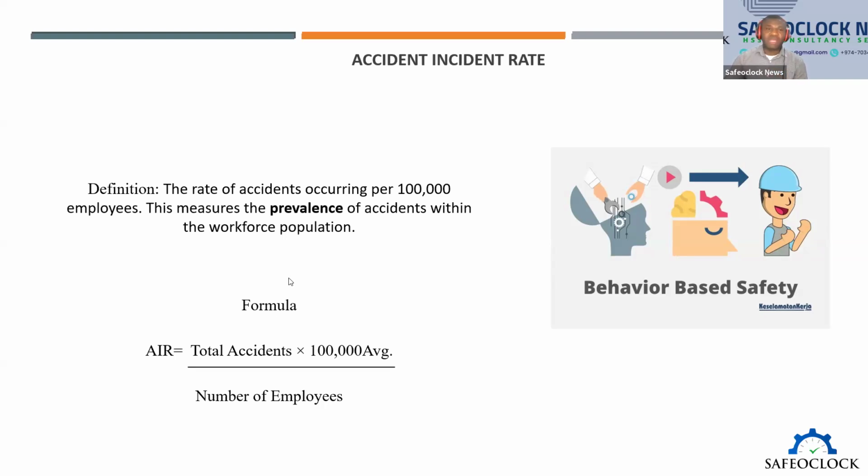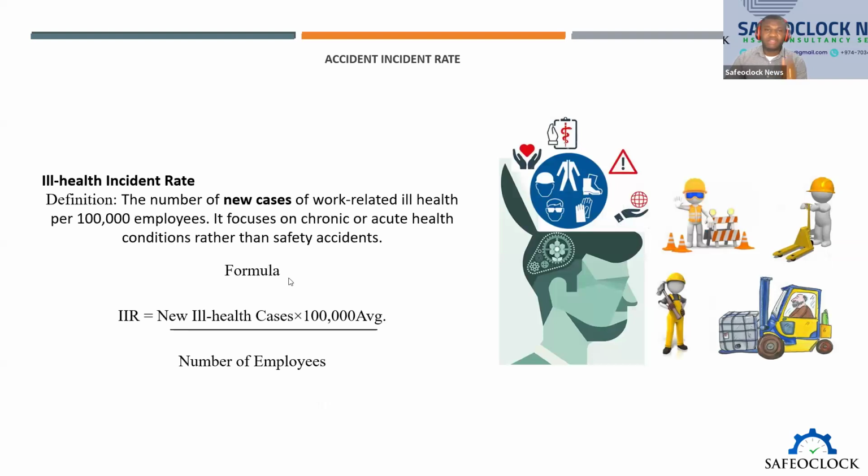Okay, so let's quickly look at the other calculation known as ill health incident rate. The ill health incident rate simply refers to the number of new cases of work-related ill health. Remember the term work-related ill health.